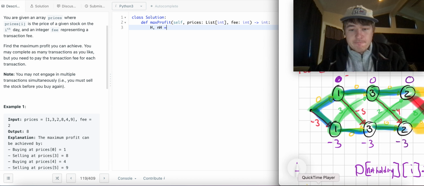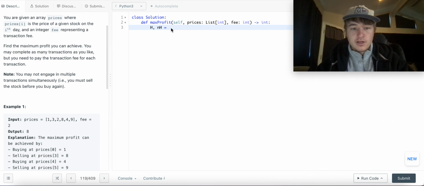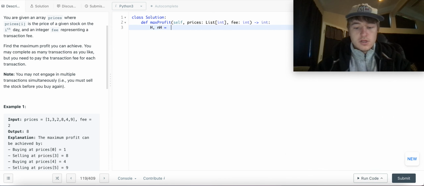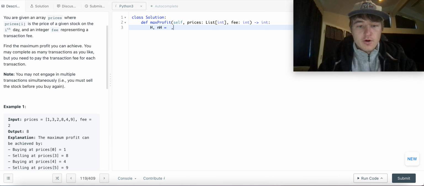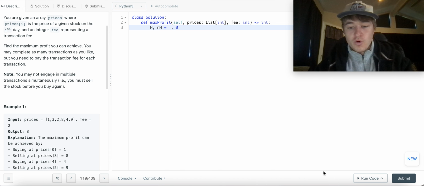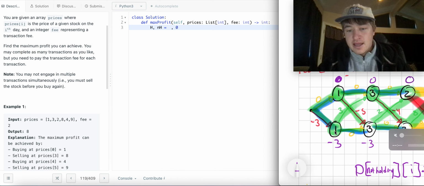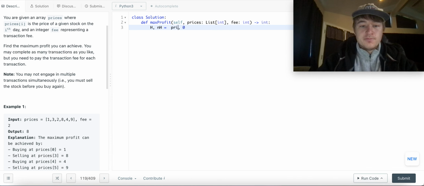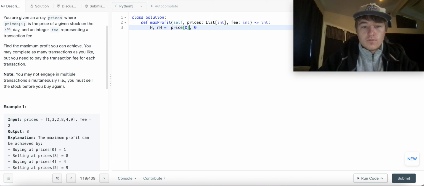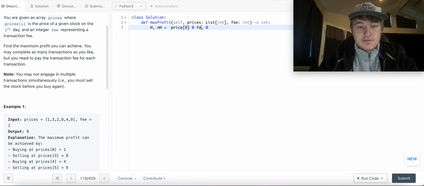So you'll notice that when you're not holding, your first price is 0 regardless. And when you're holding, you're going to have to pay that first fee, which is the price of the stock minus the fee. So we'll just say price at 0 minus the fee.